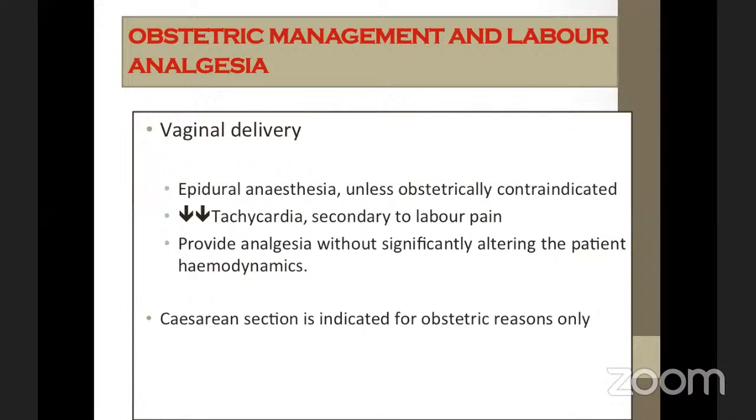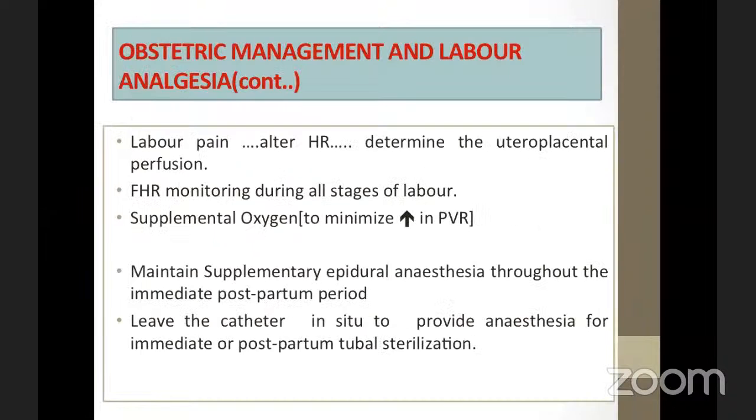Unless there is an obstetric indication, avoid the cesarean section. Once the labor pain starts and alters the heart rate, there is an uteroplacental circulation imbalance and less blood flow to the fetus. So you have to monitor the fetus throughout all stages of labor.